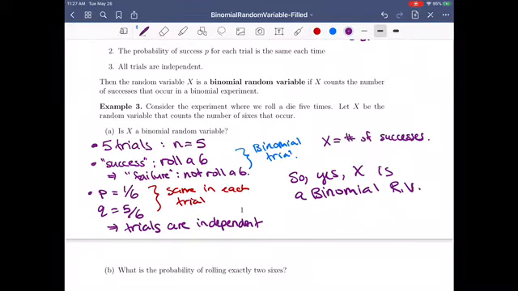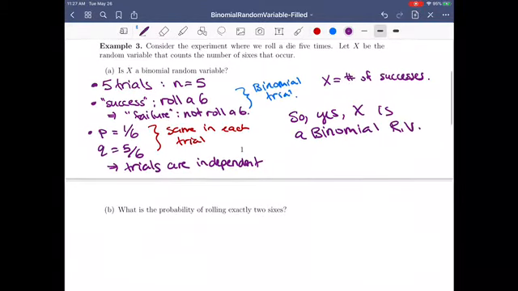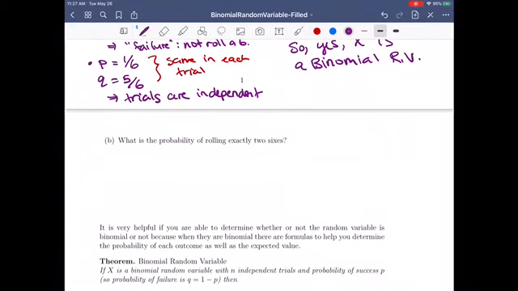So what if I wanted to compute the probability of rolling exactly 2 6s? Using our notation from when we introduced random variables, this would be the event that our random variable equals 2.